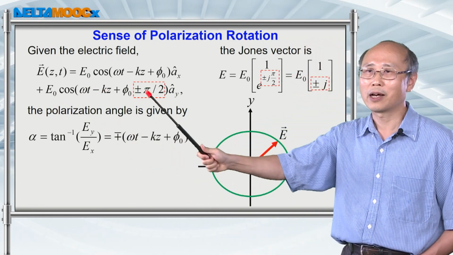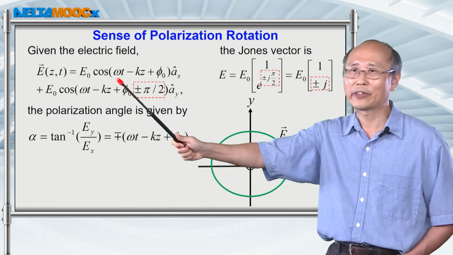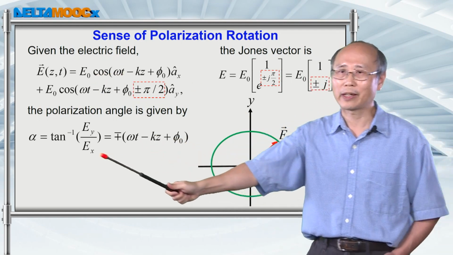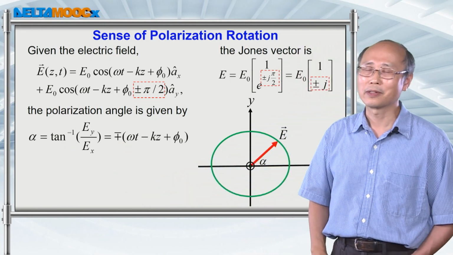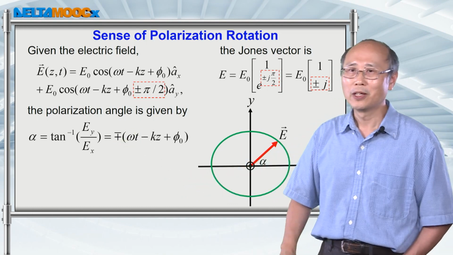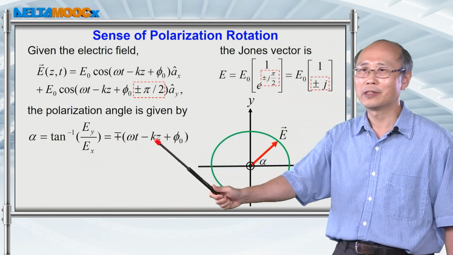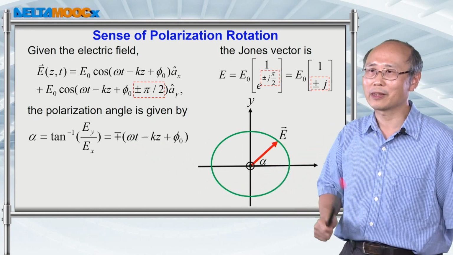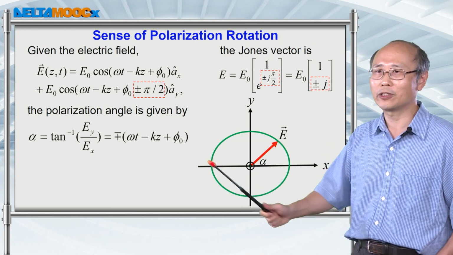And once you convert this into a sine expression, then you end up having a tangent of alpha in the ratio. And when you take arctangent of tangent, then you drop the tangent expression from this equation. So the short conclusion is that this alpha angle now is a function of time and z, but when we plot the circle on the xy plane, basically we stand at one location of z.